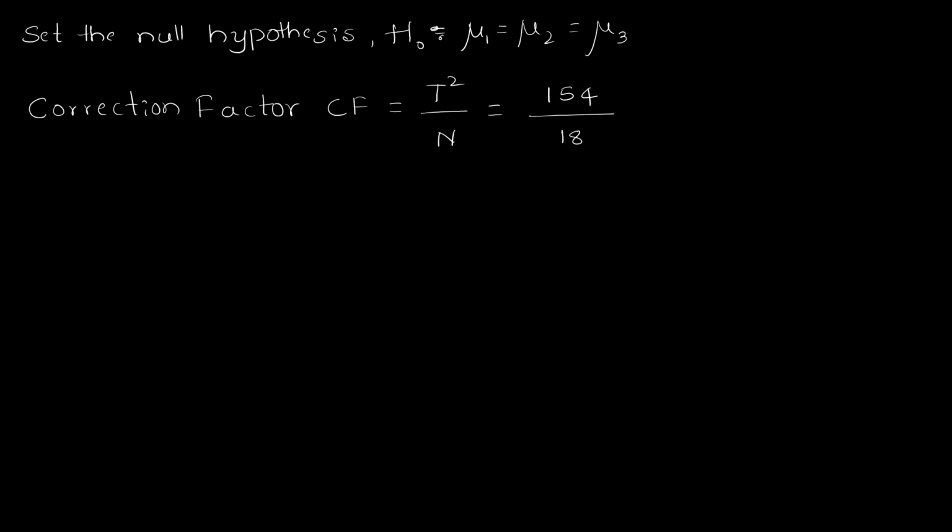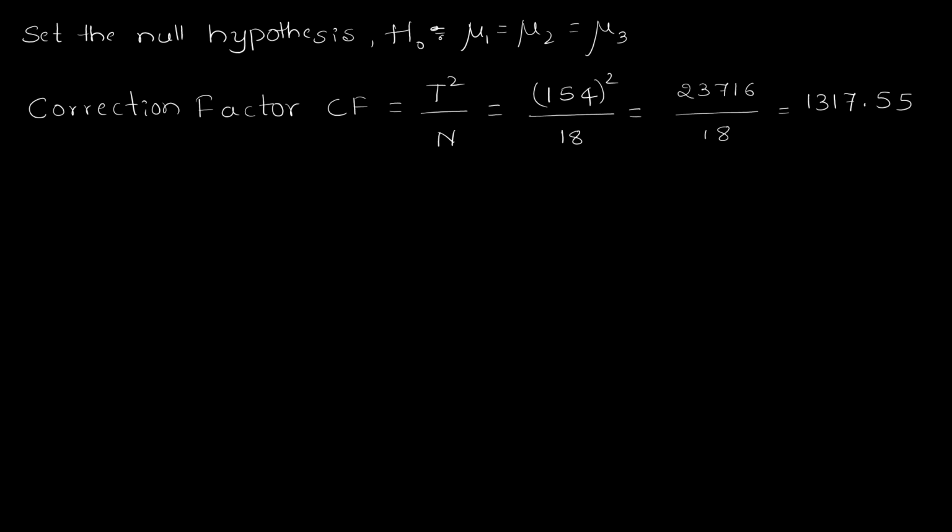For each food, we have 6 samples: F1, F2, F3, so 6 into 3 is 18 total. So 154 whole square, which is 23,716, divided by 18 gives us 1317.55. This is the correction factor.